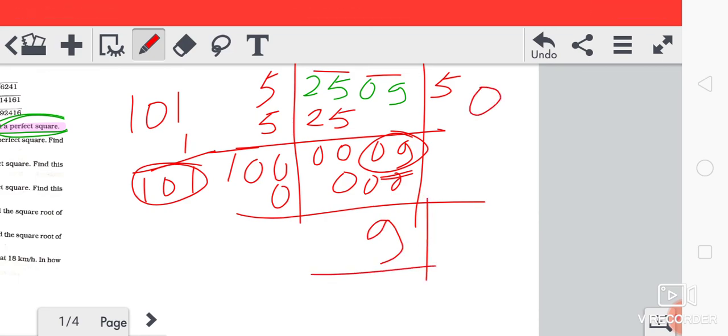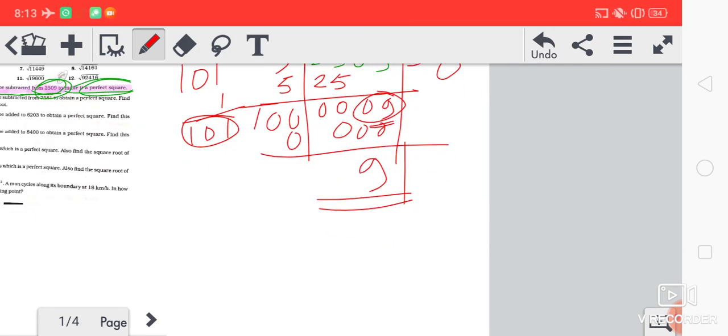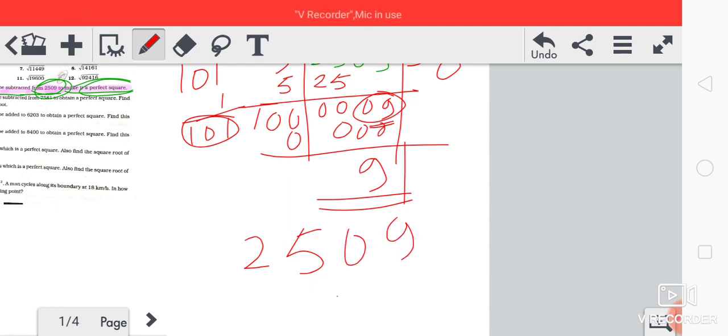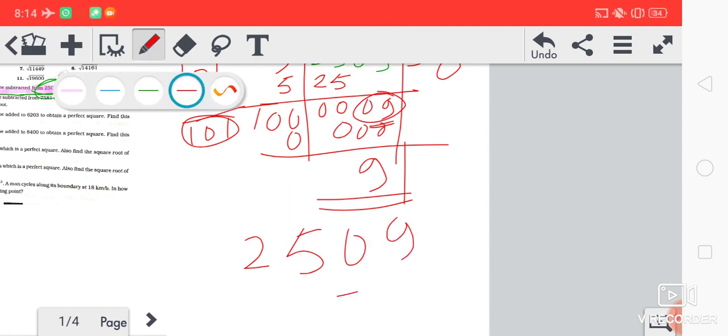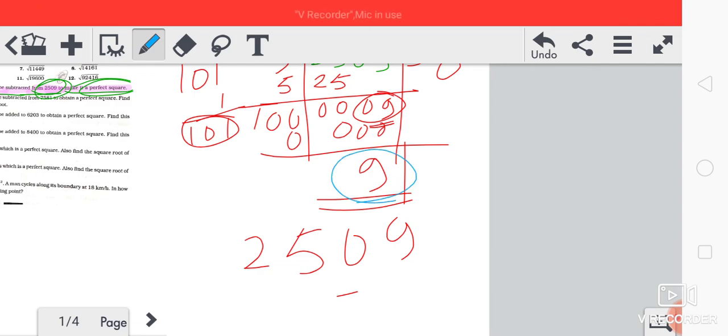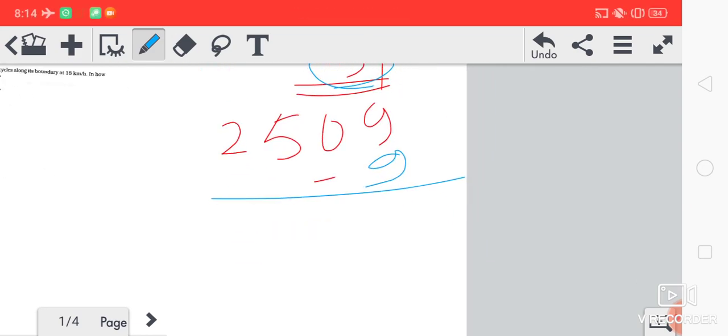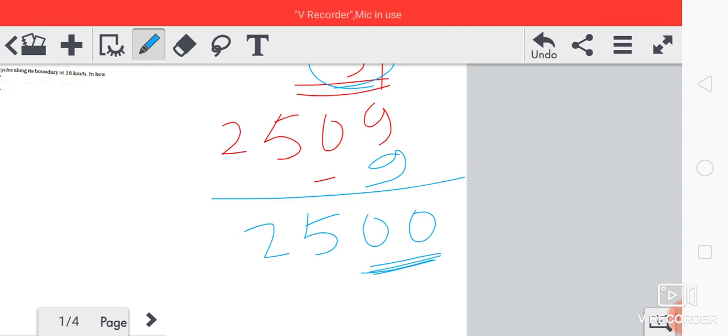Okay, now what is the remainder here? 9. Now in 2509, if we subtract this 9, how much will we get here? We'll get 2500, and according to the rule, last 2 digits are 00.